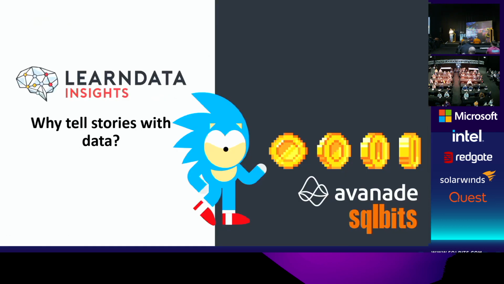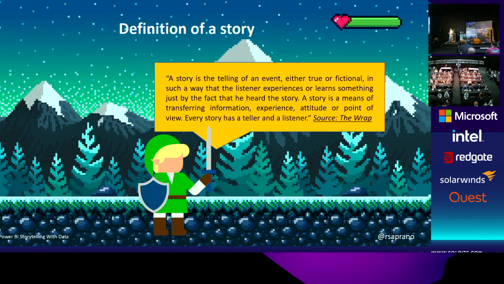So we're going to start with why tell stories with data. And firstly, what is a story? So I just put this into a search engine, and this is what comes up, I think, as one of the first results. Stories, telling of an event. Actually, when you start to look into stories, they're quite innate to what we are as human beings. One of my favorite non-fiction authors, Yuval Noah Harari, wrote Sapiens.